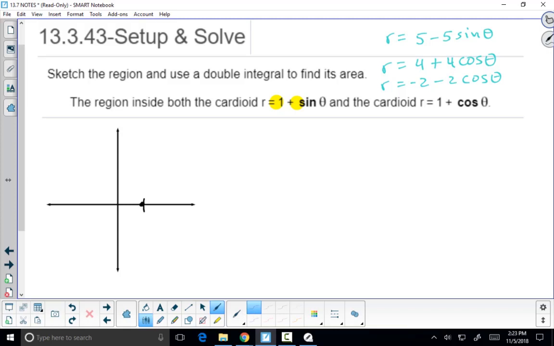Plug in pi over 2, sine of pi over 2 is 1, so we get a value of 2. So we're up there. We already probably know what it looks like. Plug in pi, sine of pi is 0, so we're 1 unit away from the origin, so we're out there. Plug in 3 pi over 2. Sine of 3 pi over 2 is -1. So this cardioid is going to have that shape.